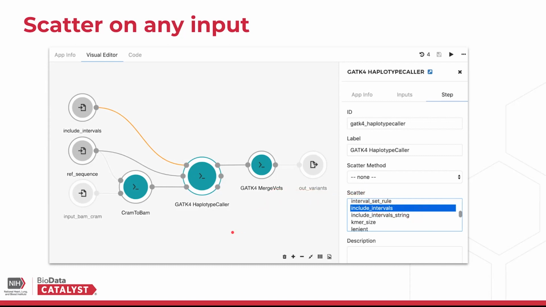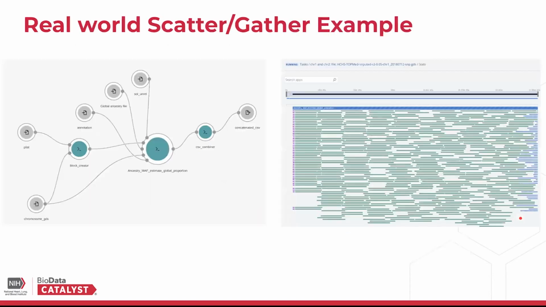Now, every scatter step is usually followed by a gather step. So that's what this third app is, GATK4 MergeVCFs. It takes all the individual VCFs and merges them back together. Okay, and so this is how Inat from Fellows Cohort 2 was able to get her app to run performantly in the cloud. She made a sort of utility app that took intervals that she was interested in and broke it up into multiple files.